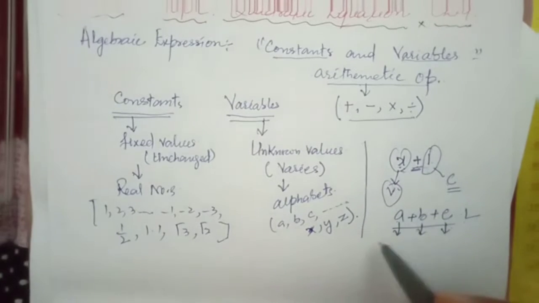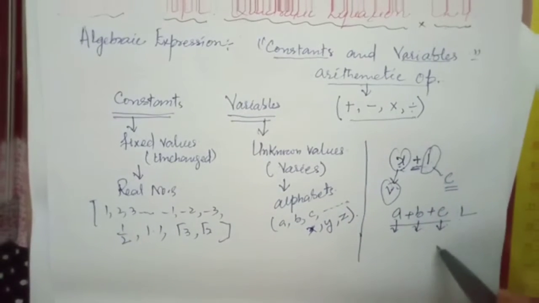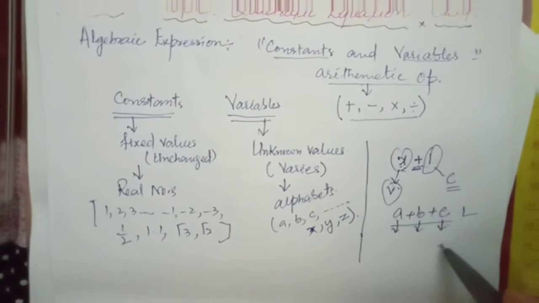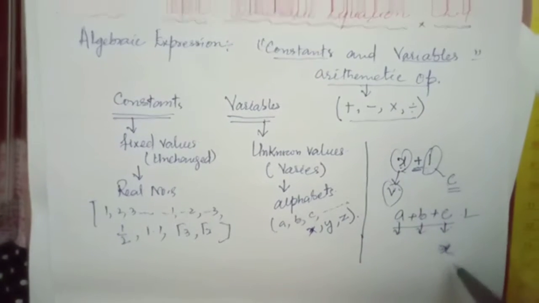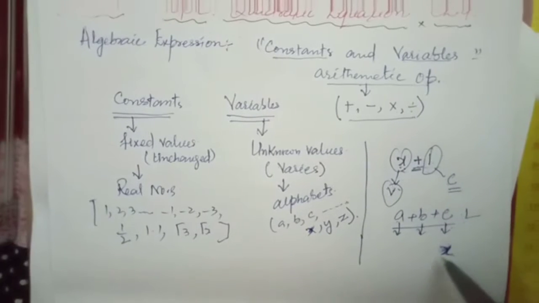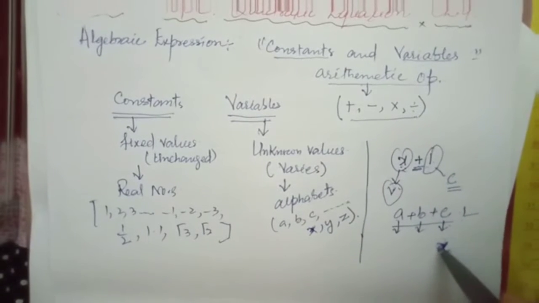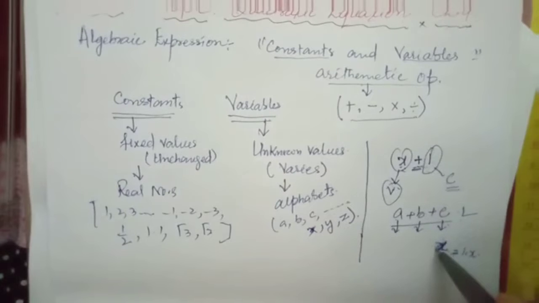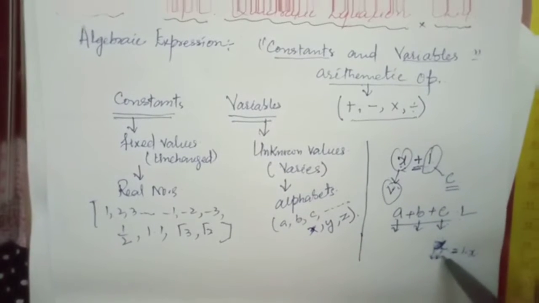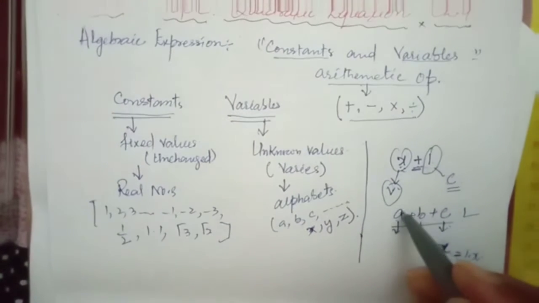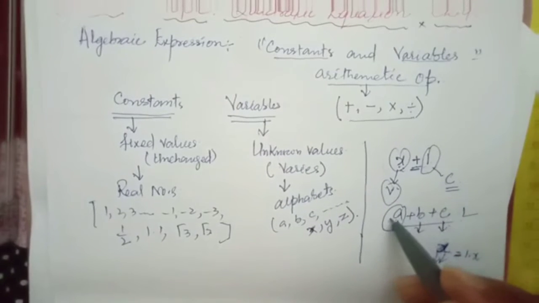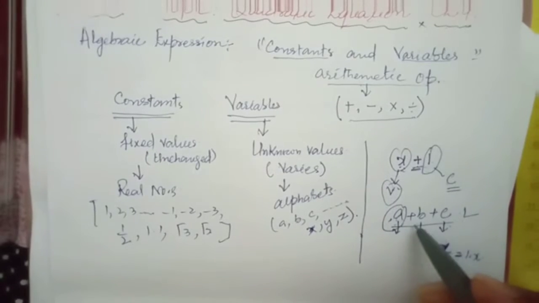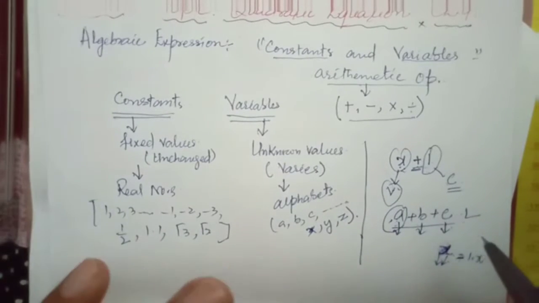Actually you need to understand that whenever we write any variable like x, its coefficient, the numerical value with it, is 1. We can also write it as 1 times x. So here 1 is the constant and x is the variable. So we can also say that this a contains 1 as its coefficient. So this is the combination of constant and variable, that is an algebraic expression.